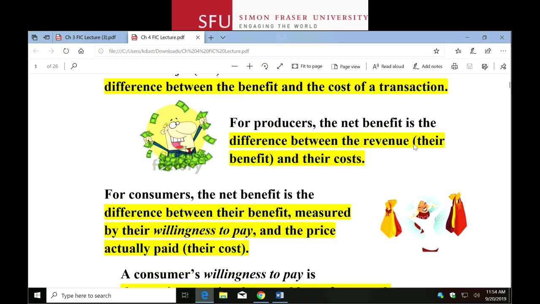And it is the consumer's willingness to pay then. It's not what we pay, it's just what are we willing to pay. So it's like the maximum price that you would pay if you had to and you'd buy the good.